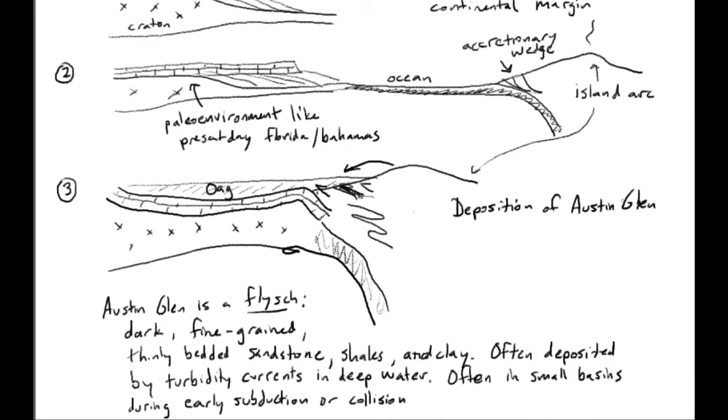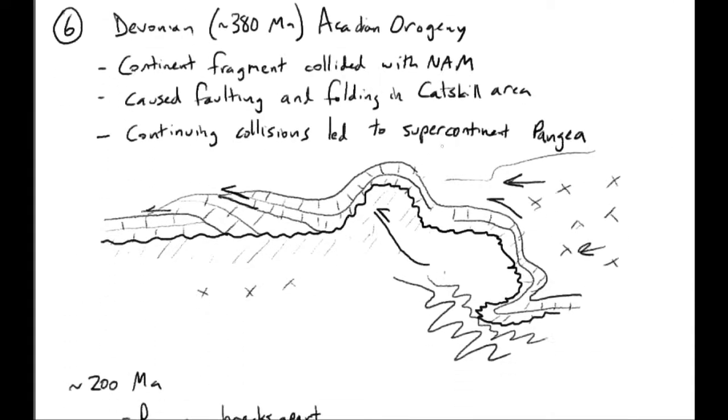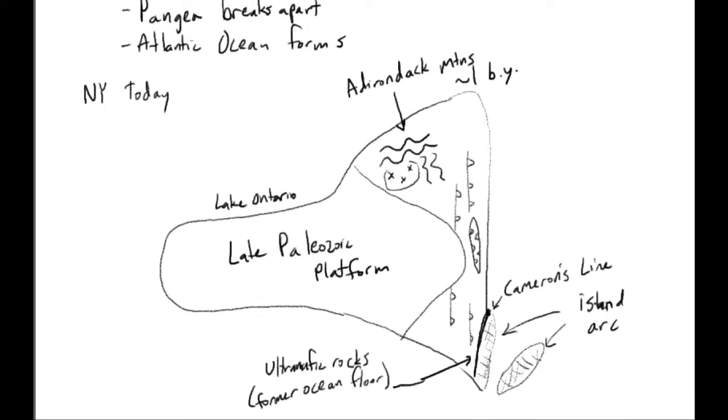So this island arc here colliding. So now we kind of have this boundary between the old North America stuff and the stuff that got plastered on. So that Cameron's line is the boundary that separates those two things on the map today. And I didn't really do a great job at this. This Cameron's line kind of cuts through New York City.